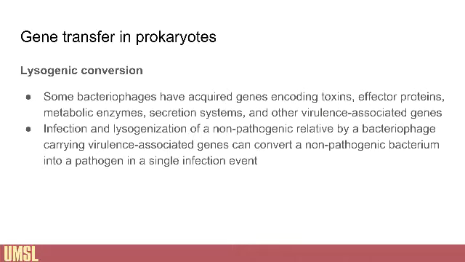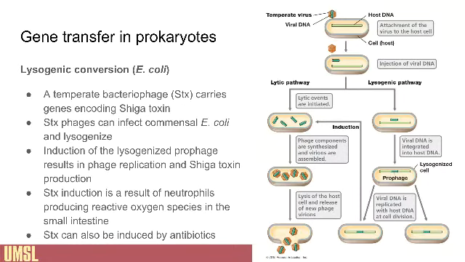Okay. Then I brought up this concept of lysogenic conversion, which is essentially when a temperate bacteriophage, through its own evolution, has acquired genes and been a kind of garbage collector of genes.